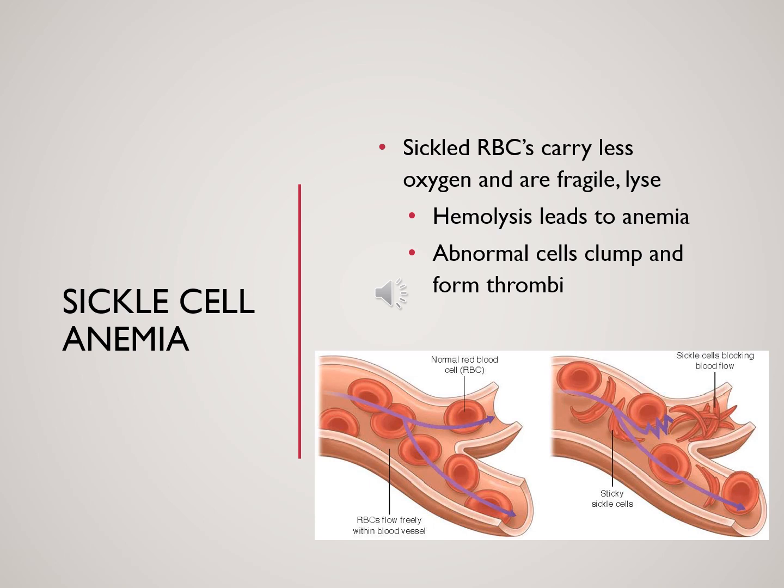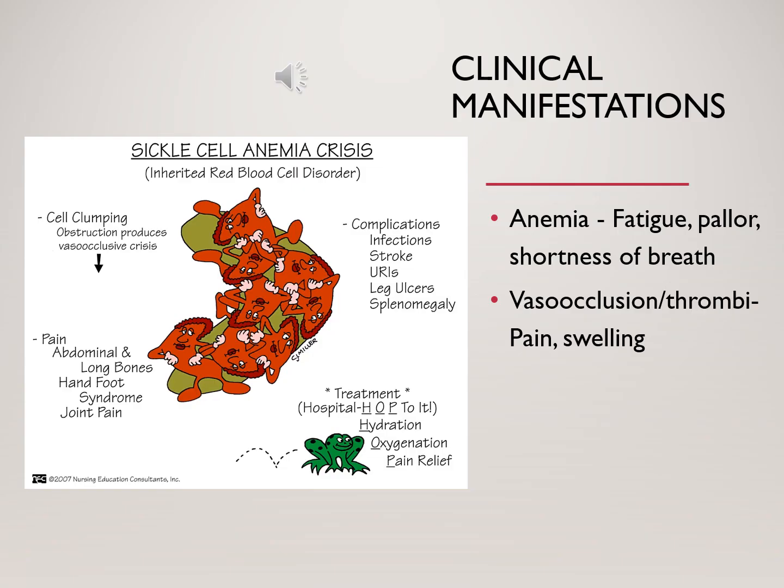So sickled RBCs carry less oxygen and they're very fragile and they tend to lyse quickly. The hemolysis leads to anemia. Abnormal cells clump and form thrombi. The clinical manifestations of the patient with sickle cell anemia: they do have anemia, they have vaso-occlusion, which causes a lot of pain and swelling.